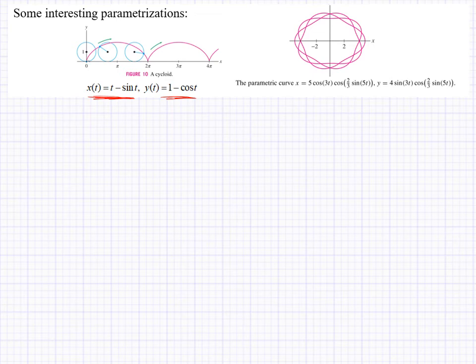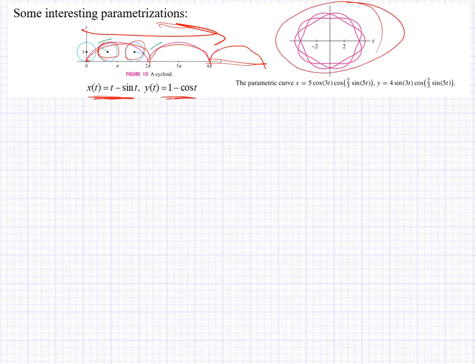If you took a point on a circle, say like a ball, and you rolled that ball this way, and you just followed that point as it was traveling, as that ball starts rolling this way, that point would essentially travel here, and then here, and then here, etc., and we would get, following that point on the ball or point on the wheel or whatever, the path that that point would travel as the ball rotates. Okay, that's a pretty interesting one. This is a pretty crazy parametrization here.